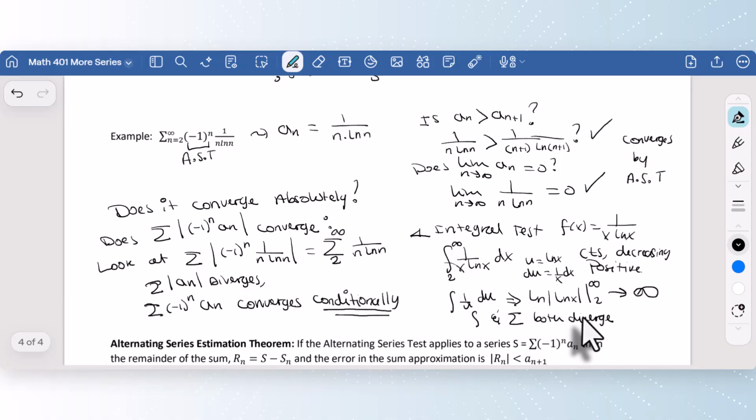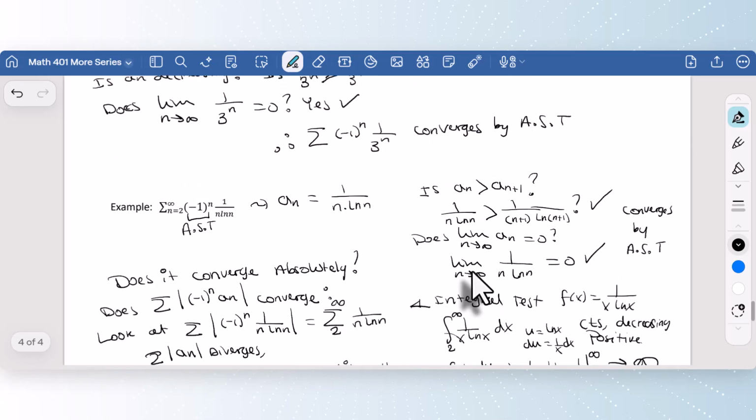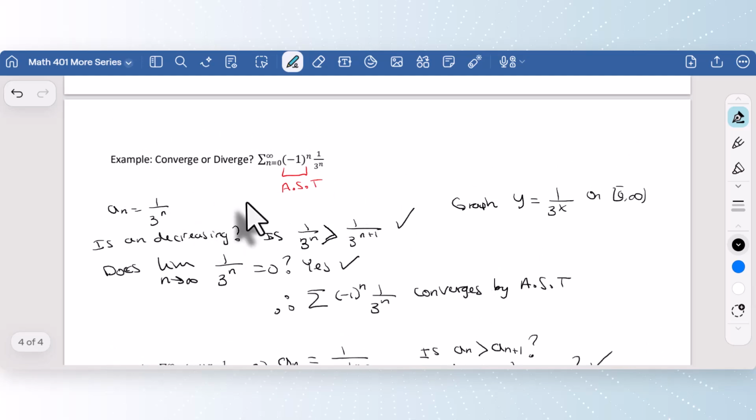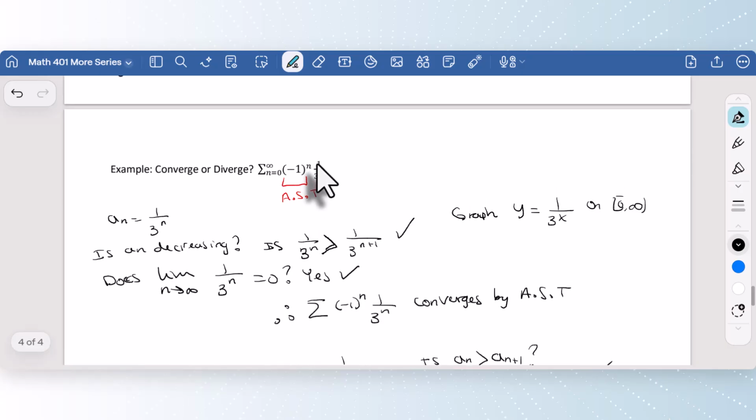So then I say the series converges conditionally. Had it converged here, then the alternating series converges and the absolute value converges, so we say it converges absolutely. If you do it on your own for the one up here, this should converge absolutely, because if you get rid of the negative 1 to the n, this is a geometric series with r equal to 1/3, less than 1, so it's going to converge.